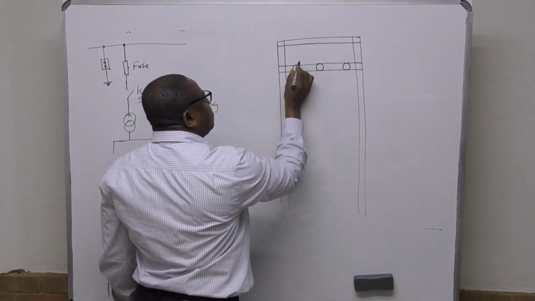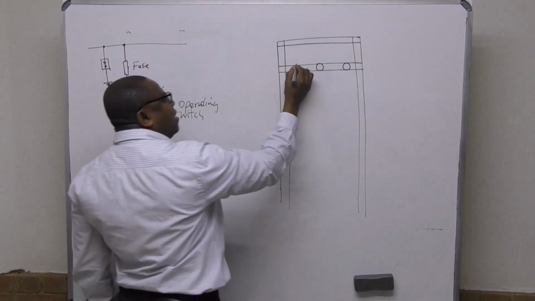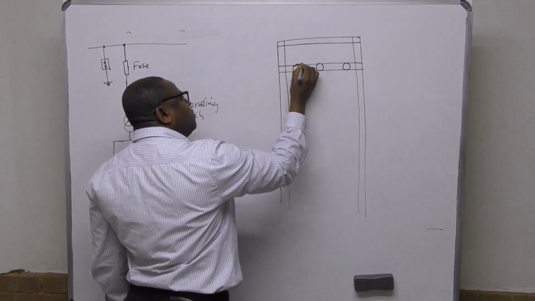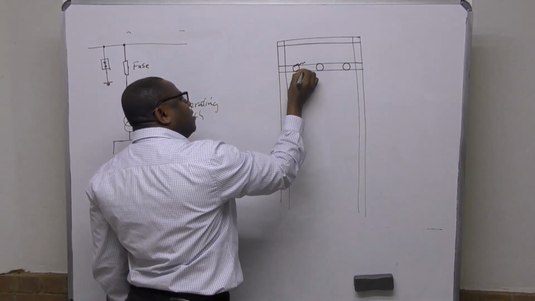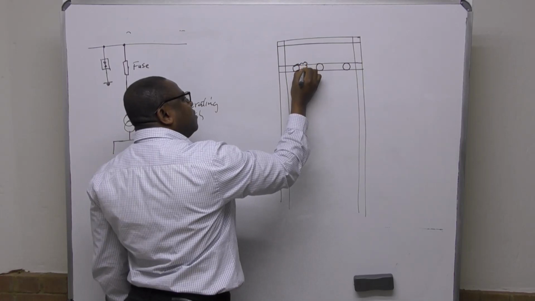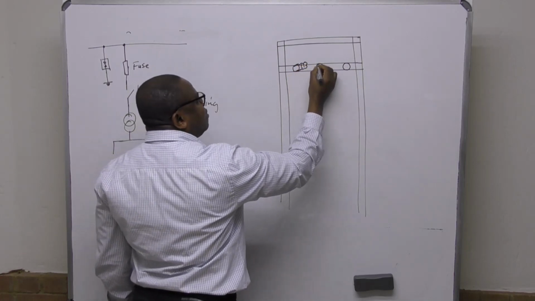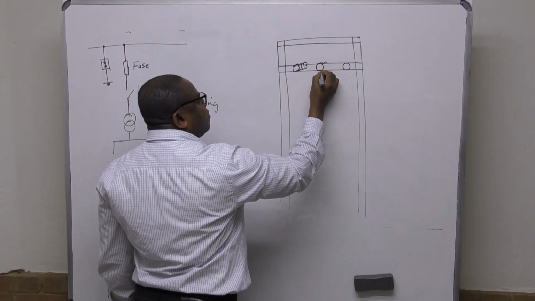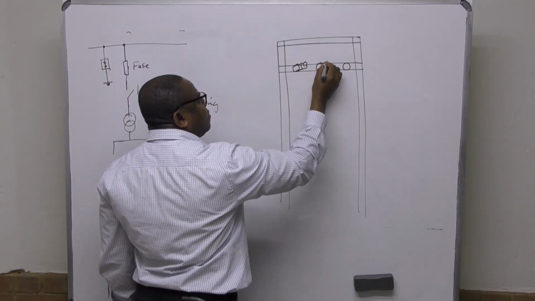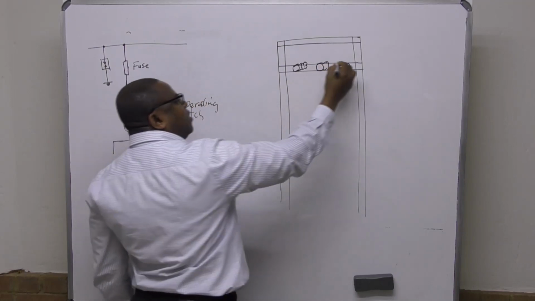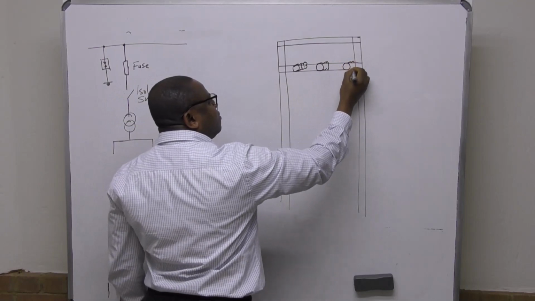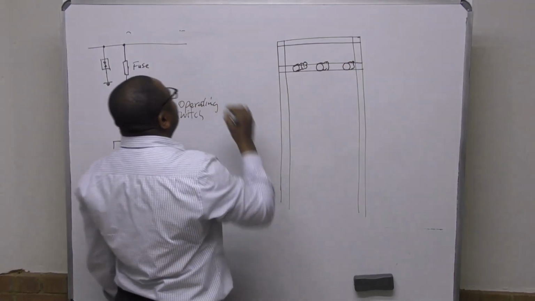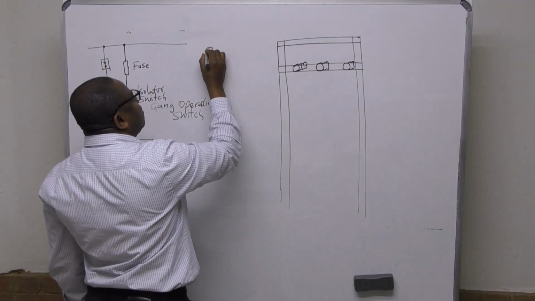In fact, let me just bend a little bit so that you see what I'm saying. This might just be an insulator. Just to see, okay, an insulator. Okay, so it's like that.